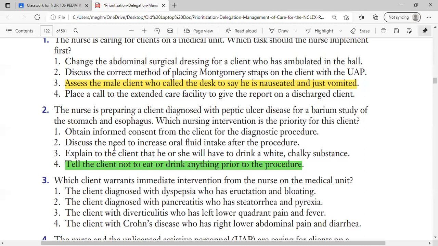So no question comes up about the informed consent, the fluid intake, or drinking the white chalky substance. So it is the priority. Educate your patient not to eat or drink anything prior to the procedure.